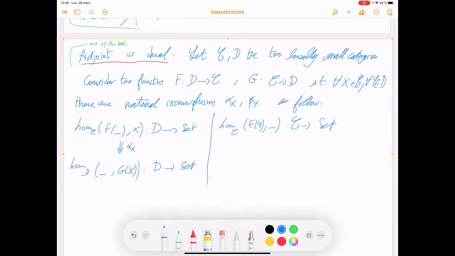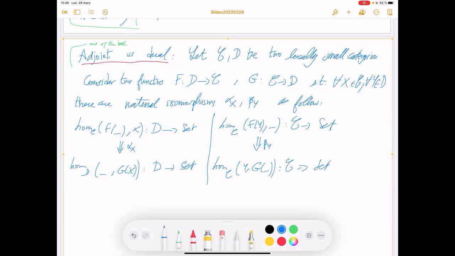So this corresponds to an element here, and you apply the natural isomorphism beta y, C to Set.